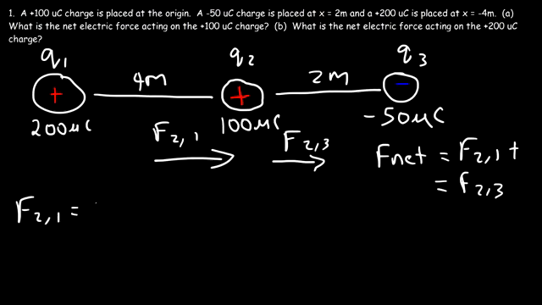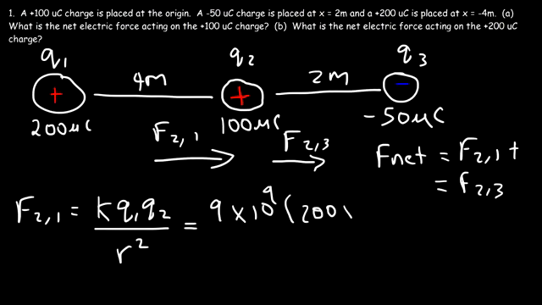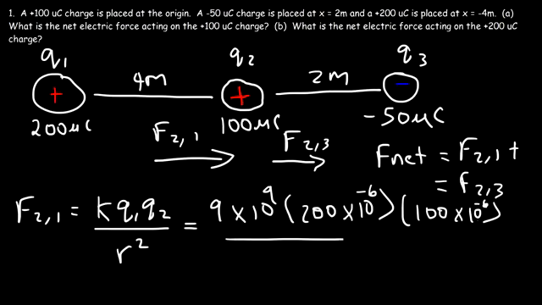So it's going to be K times Q1 times Q2 divided by R squared, where R is the distance between Q1 and Q2. So K is 9 times 10 to the 9. Q1 is 200 microcoulombs, or 200 times 10 to the minus 6. And Q2 is 100 times 10 to the negative 6, divided by R squared, or 4 squared.